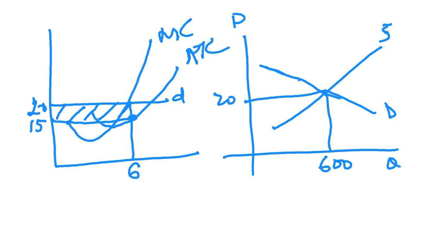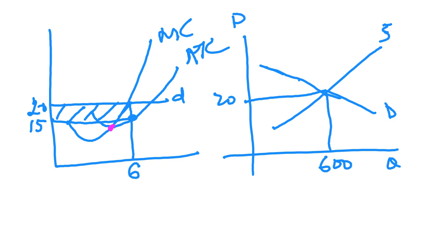Now, I told you that new firms will enter. So when new firms enter, the firms will continue to enter so that the new price level will be at this point here, the minimum point of the average total cost curve.